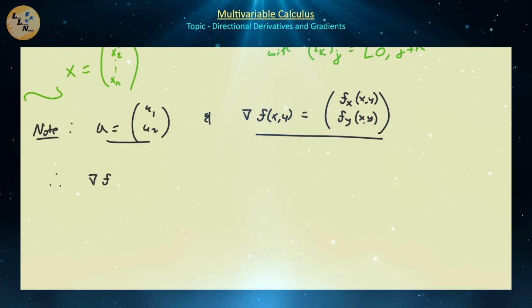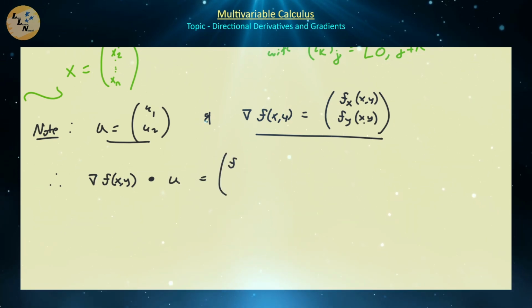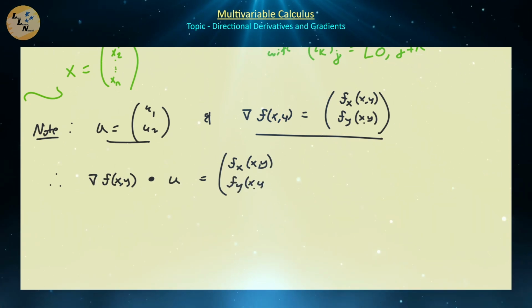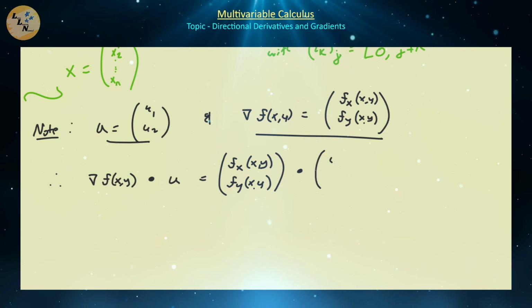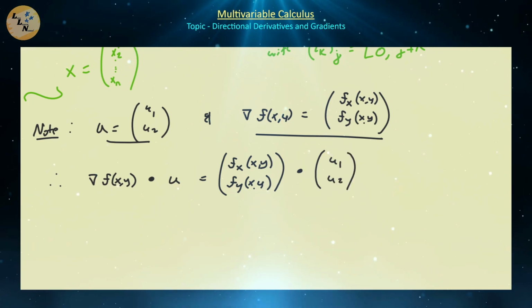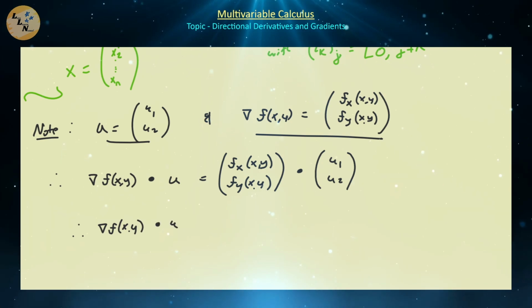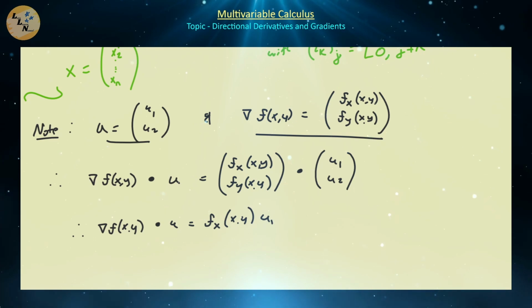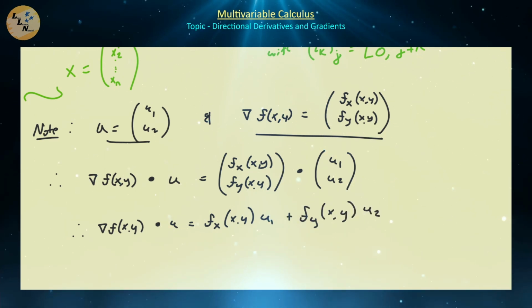The gradient of f dot product with u is fx(x, y), fy(x, y) dot product with u1, u2, and that's equal to fx(x, y) times u1 plus fy(x, y) times u2.